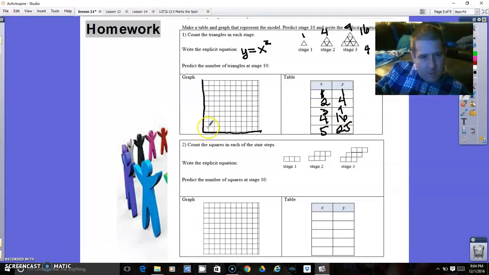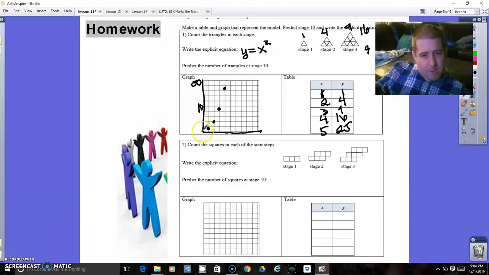So the first number is 1, so it's going by 2, so that would actually be right here. I'm going to call this 10, and this is 20 up here. So the first number is 1, which would be about right there. 2 is 4, right there. 3 is 9, which would be right there. 4 is 16, which would be about right there.